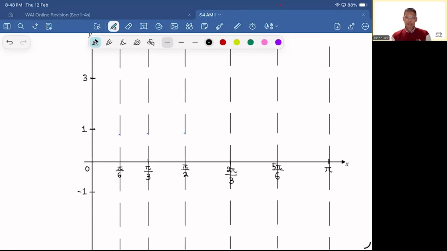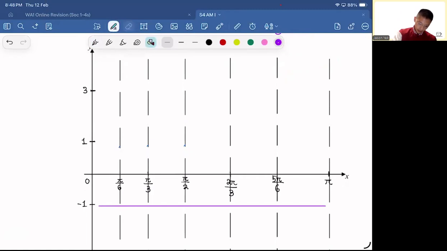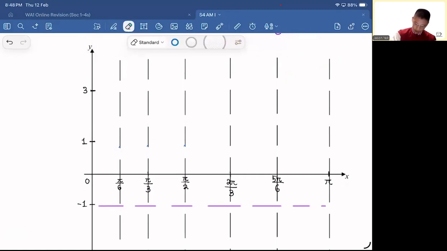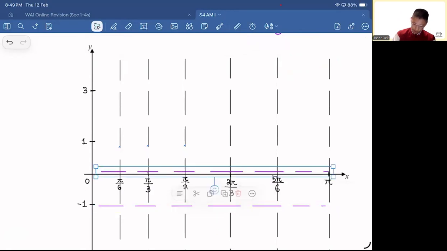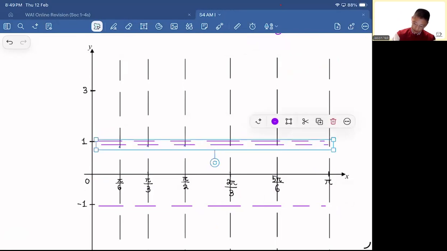After that, 1.5 cycles. So how it works is, again, vertical line, horizontal line, sorry. And then I will also duplicate horizontal lines, or basically, I mean you cannot duplicate, but I'll draw horizontal lines at the top as well.